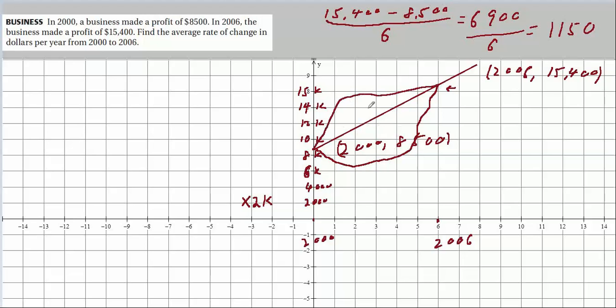In fact, there's a certain concept of reality that would have to work its way in here somewhere. But theoretically, there are an infinite number of ways to connect this point with this point, and they're all possibilities for what the actual curve might be when you graph year versus profit. But there's only one straight line connecting the beginning and the end, and that straight line will represent the average.